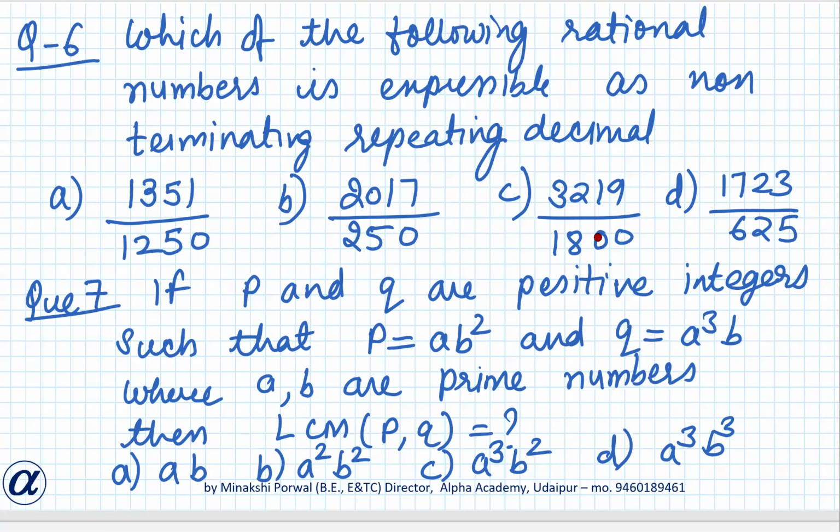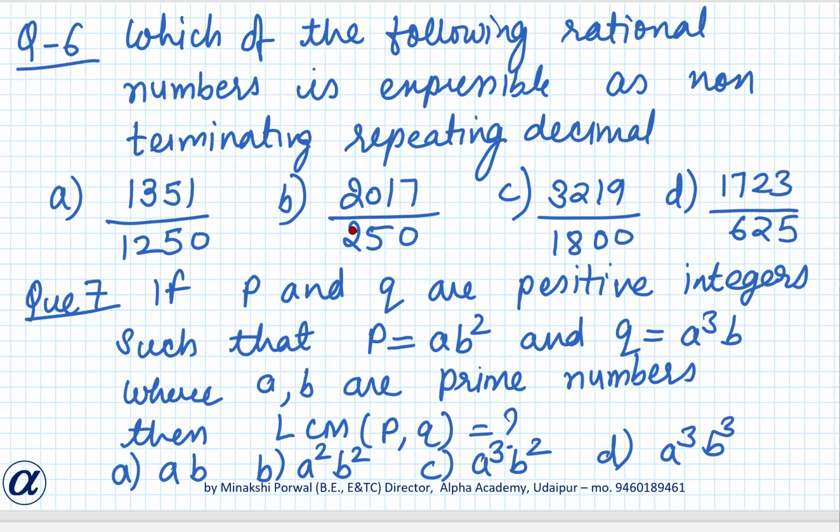And if it is of a form other than factors of 2 and 5, then it will be non-terminating repeating. 1250 and 1351, there will be nothing common because factors of 1250 are 2 and 5 only, and 1351 is not divisible by any of these numbers. 1250 we have seen in one of the previous questions also, it has only factors of 2 and 5, so it is a terminating decimal expansion.